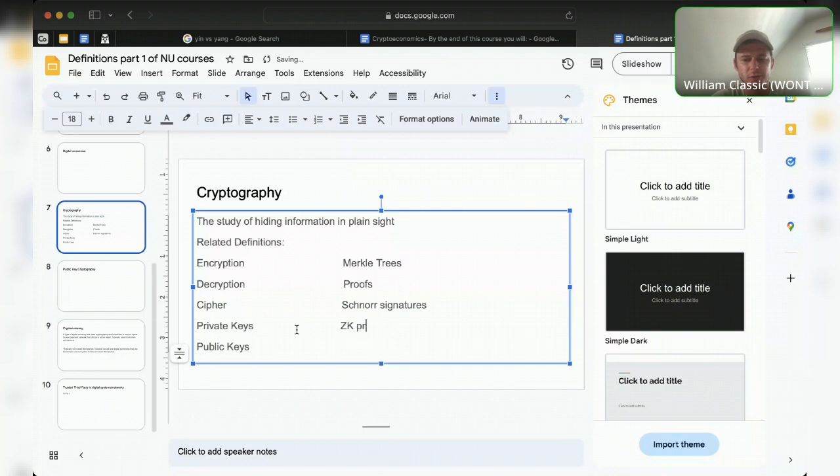ZK proofs, rollups, starks. And let's see, anything else?